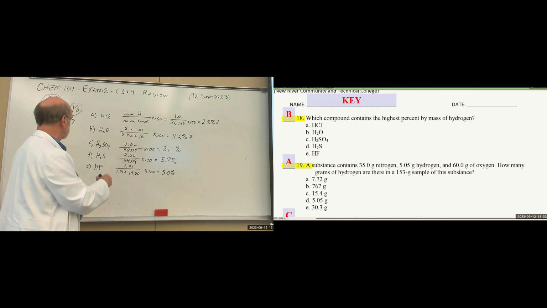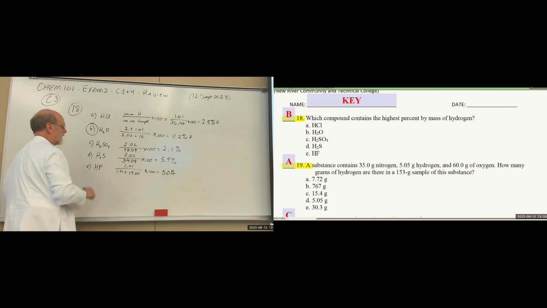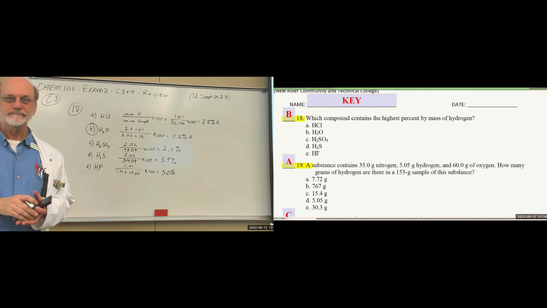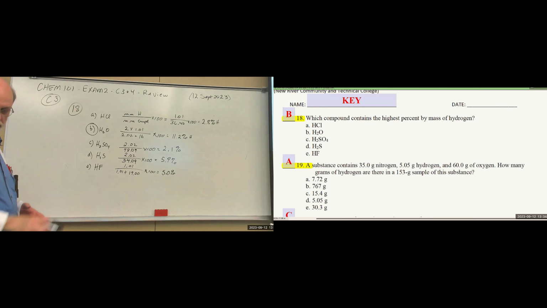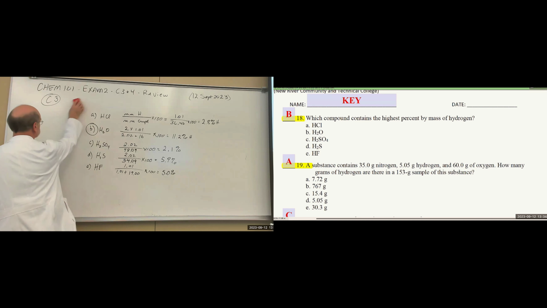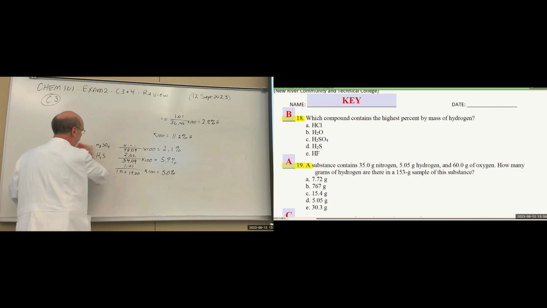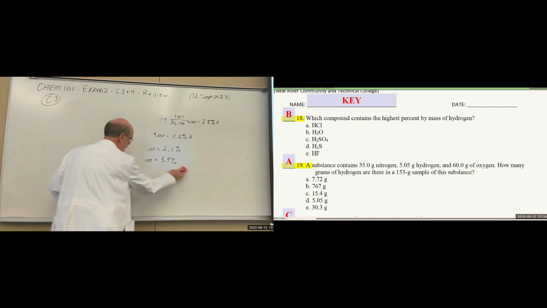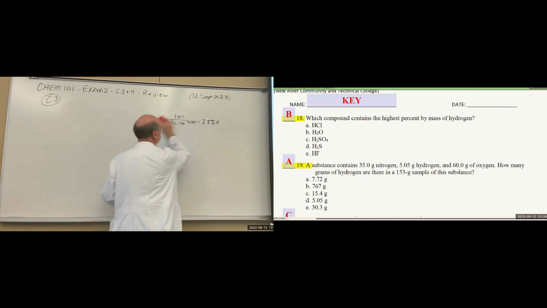So the one with the highest percent hydrogen is that. All right. 18, 19. Some of these problems, the only way to work them is just bulldogging.